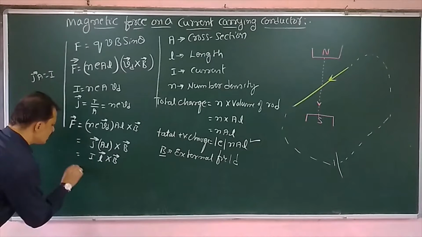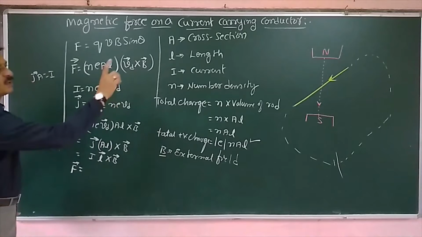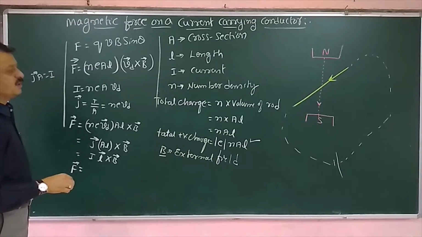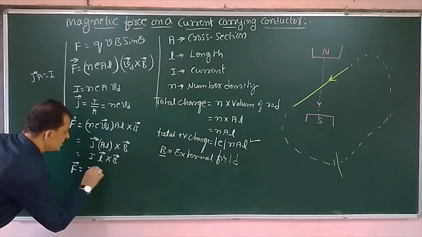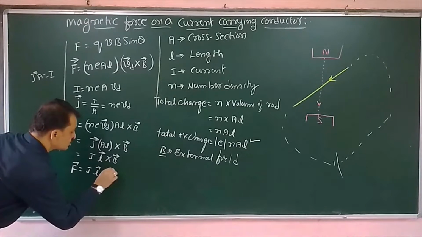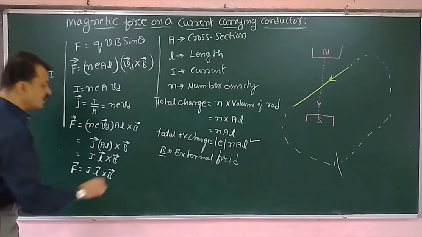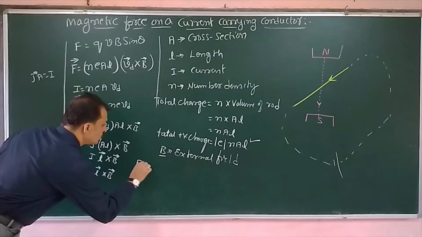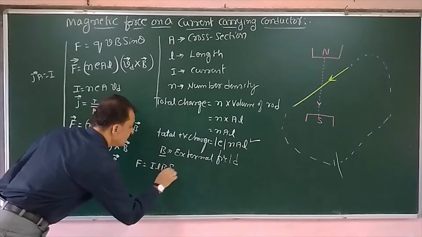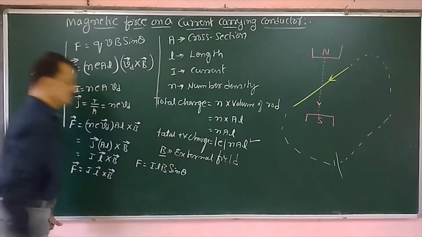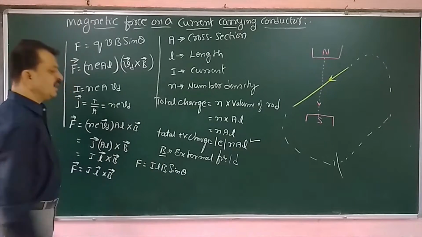Therefore, the force experienced by the current carrying conductor in the presence of an external field is I L cross B. If you write in terms of magnitude, it is equal to I L B sin theta. I L B sin theta.